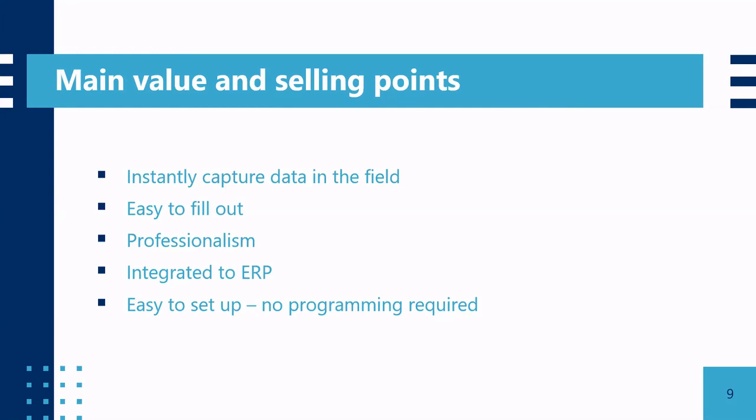The next thing is that forms are very easy to fill out for technicians and they don't require a long learning curve. Third thing is professionalism. For customers, it's easier for them to see a completed report digitally with no messy handwriting or incomplete data, and it's something that customers definitely prefer to see digitally rather than on paper.